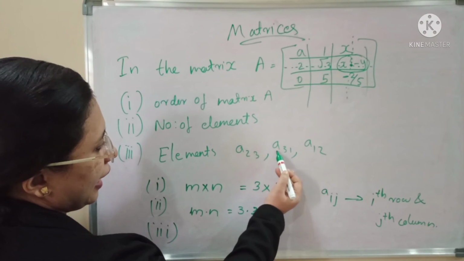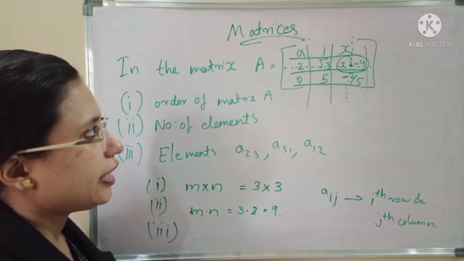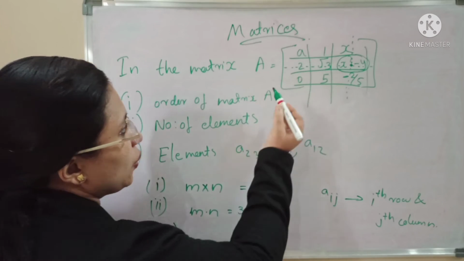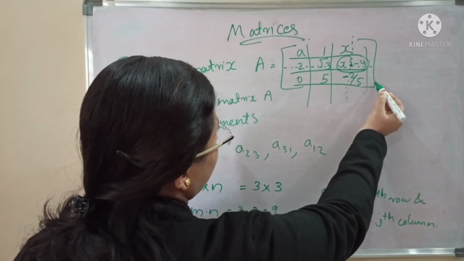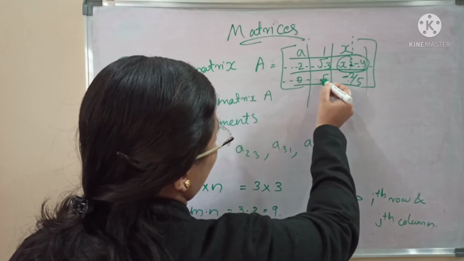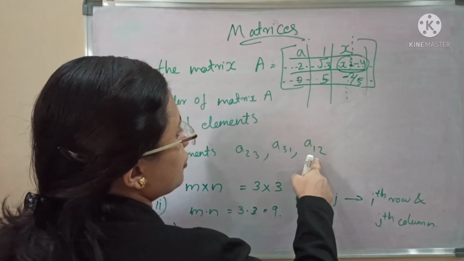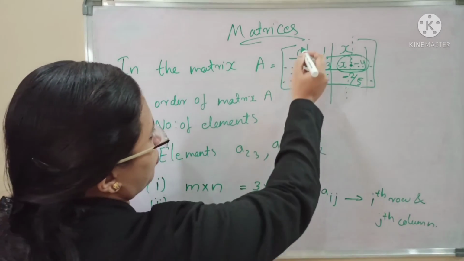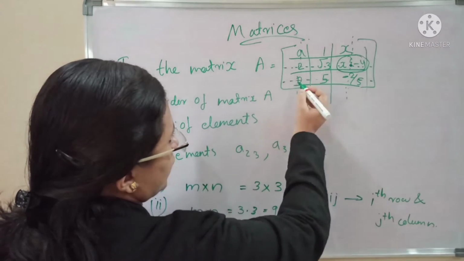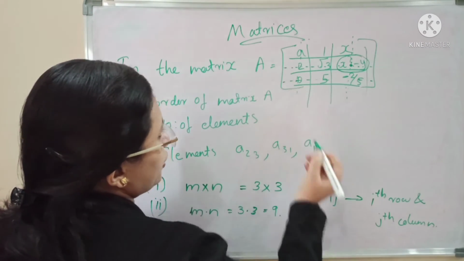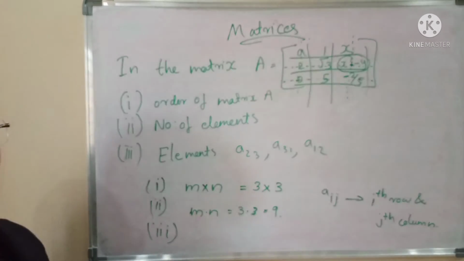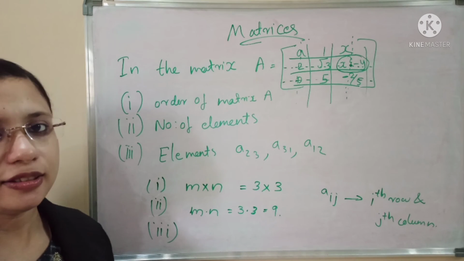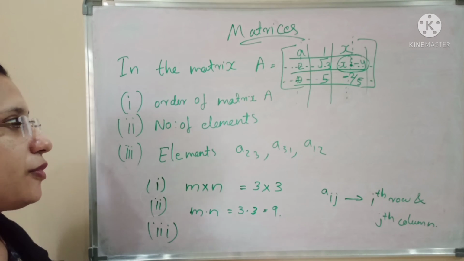Now a31: 31 means third row and first column. Where do they join? 0.